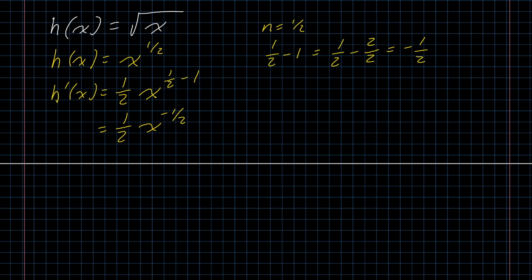Now remember, properties of negative exponents. x to the negative 1/2 is 1 over x to the positive 1/2, and x to the 1/2 power is the square root of x. So the derivative of the square root of x is 1 over 2 times the square root of x. All right? Things are getting a little bit more interesting now.